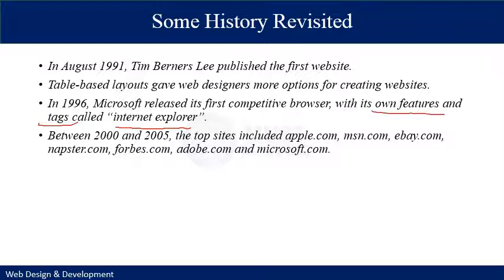However, progress was very slow in the development of responsive web design, and between 2000 and 2005, all the top websites such as Apple's, Microsoft's, eBay's, and other popular websites were using table-based layouts, and they did not have responsive functionality.